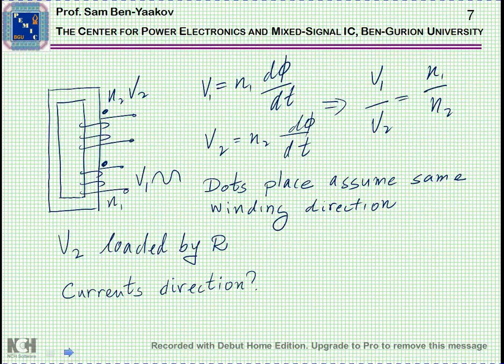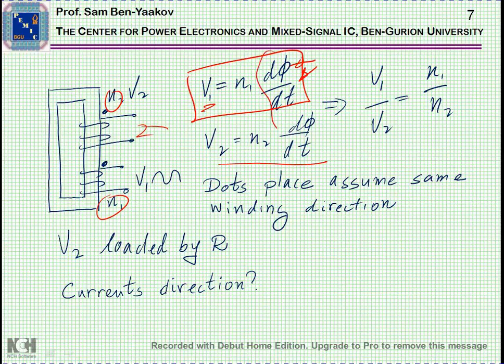Now we are coming to the question of the voltage ratio between two windings. We have N1 and then we have N2. According to Faraday's law, V is related to the rate of change of the flux by this equation. This will, of course, be correct for the other winding. Since they are wound on the same core, we assume that all the flux is passing through these two, and this little flux is the so-called leakage inductance.